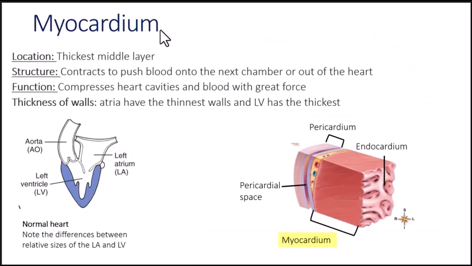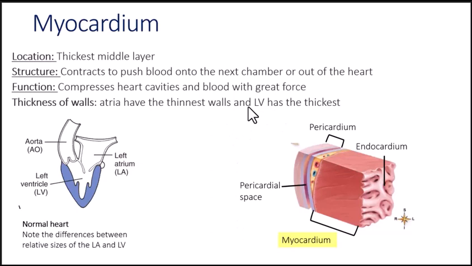So let's look closer at that myocardium, that muscle layer that we know is the thickest layer. We know it contracts to push blood from chamber to chamber, but also out of the heart. And it uses great force to do that, in some areas more than others. For example, the atria have the thinnest walls because they're just having to pump blood from the top chambers to the bottom chambers.